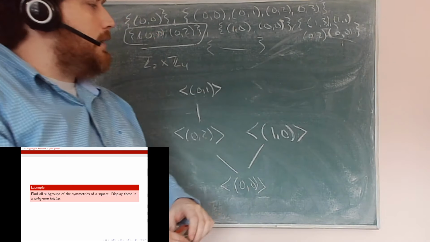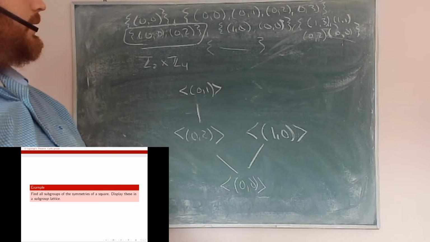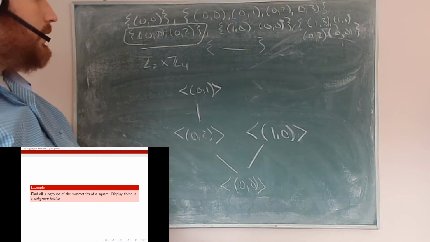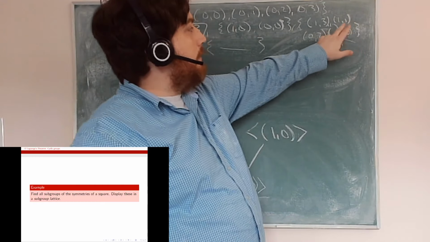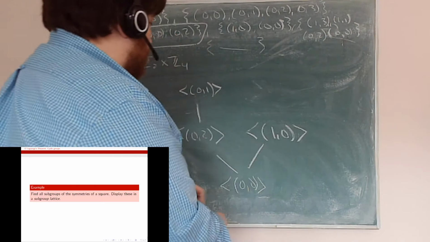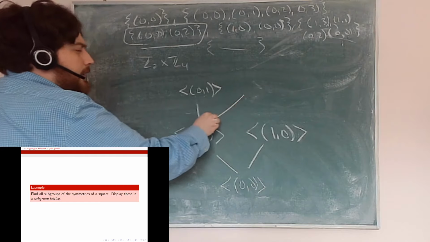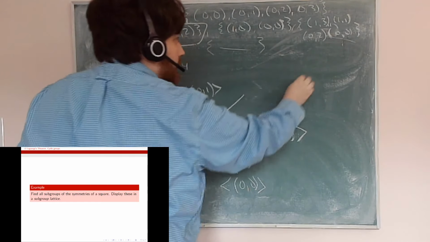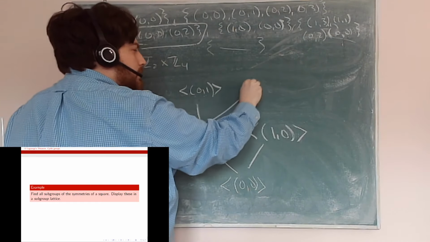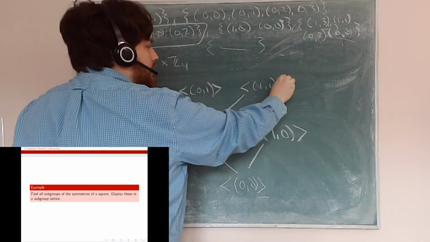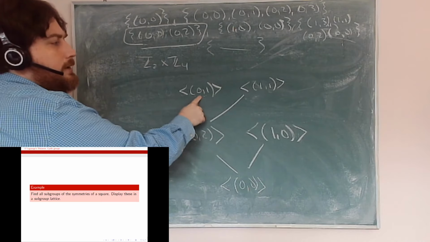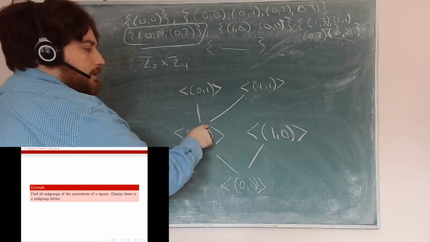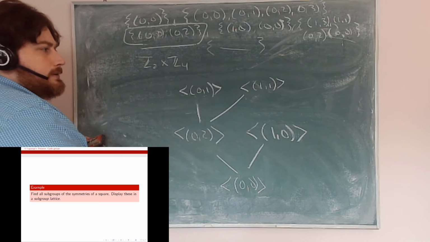Here's the other 4 element one, generated by (1,1). If I look at the one generated by (1,1), I get (1,1), (1,3), (0,2), (0,0). So the group generated by (1,1) is going to contain the group generated by (0,2), but it does not contain these others, so I'm only drawing a line down that direction.